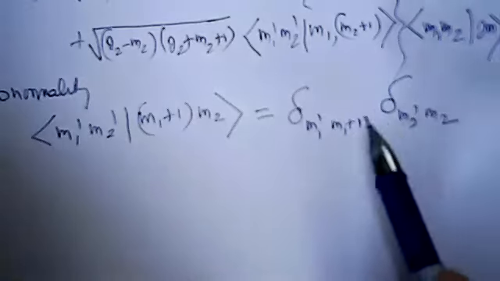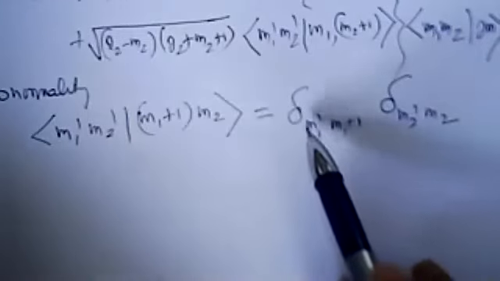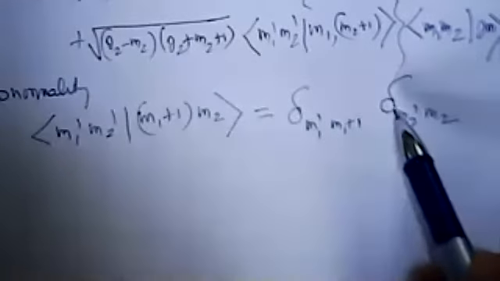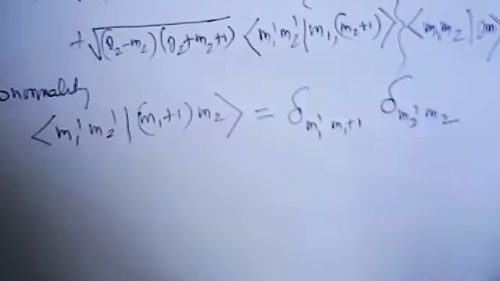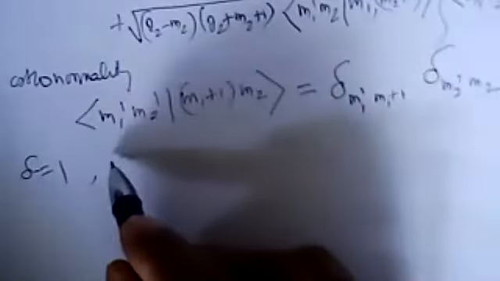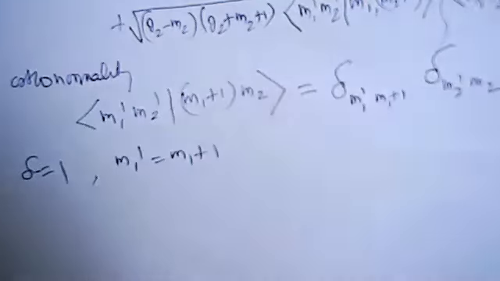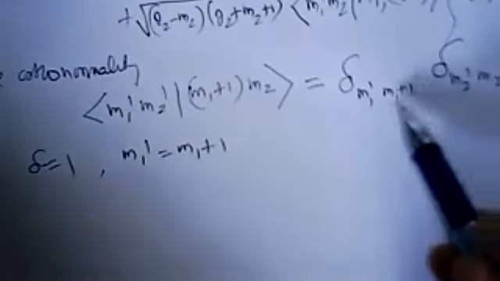So when this product is 1 or when this is 0, when both deltas are 1, then only this term remains. The first Kronecker delta is 1 when m1' equals m1 plus 1. Is that clear? m1' equals m1 plus 1.